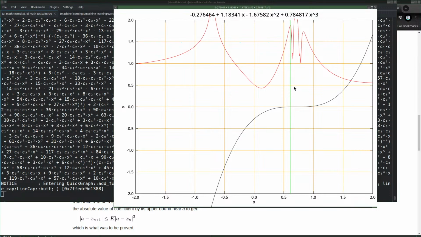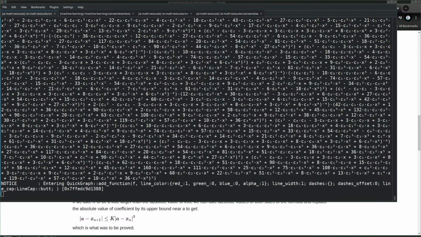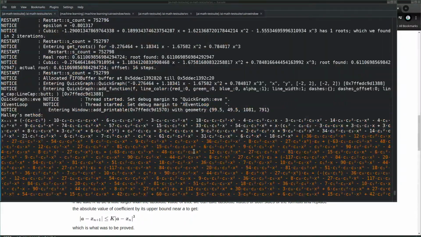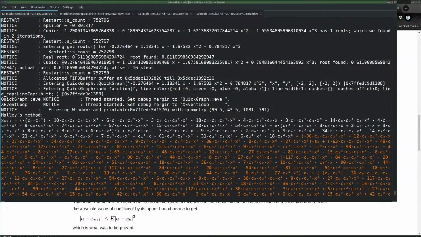Okay, that would be nice if we could just not have this. Well, actually, yeah. So I would have to copy the cubic. I think this one.